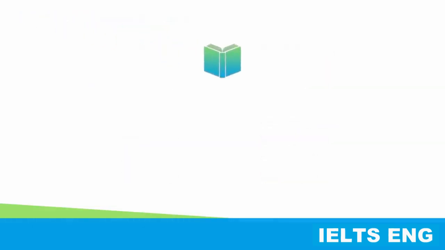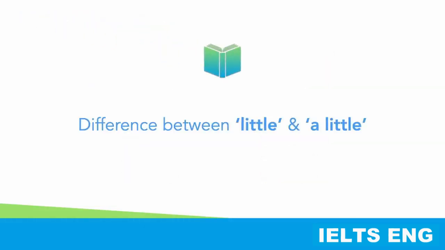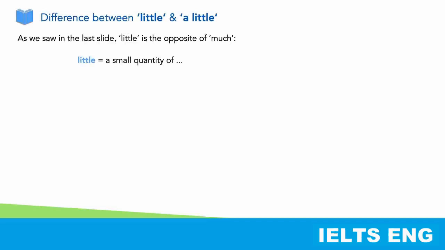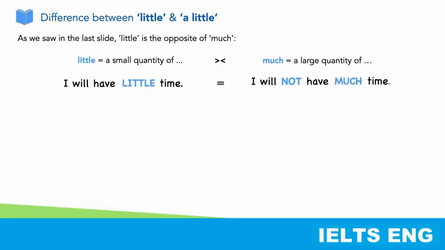Okay, now let's look at the difference between little and a little. As we saw in the last slide, little is the opposite of much. So little means a small quantity of things, whereas much means a large quantity of something. So I will have little time means I will not have much time.